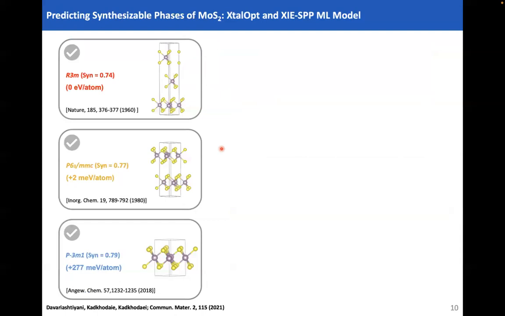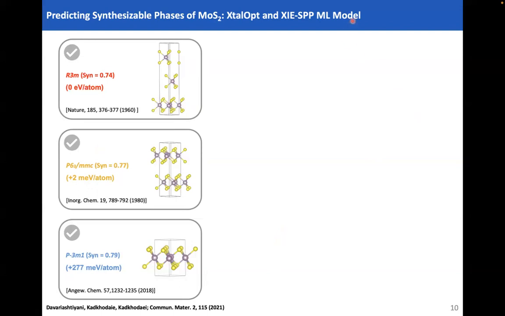So let's start with the molybdenum disulfide example. We know that there are some synthesized phases for this compound. Here are some shown as an example, which are relevant to the next picture that I will show.